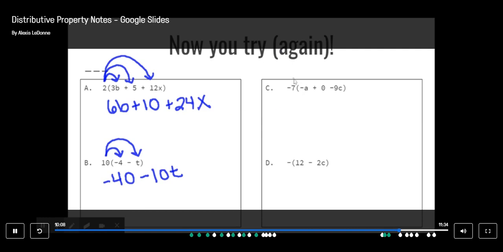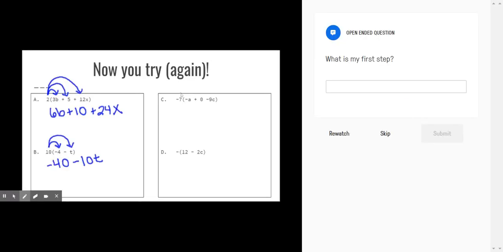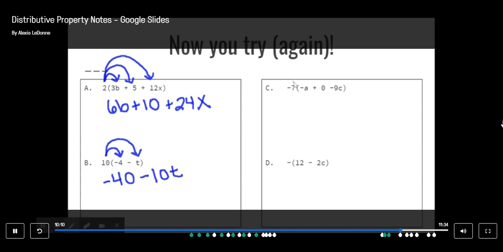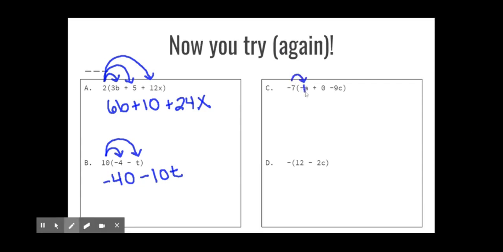Letter C, what would my first step be here? Good, multiply -7 times a -1a. This will give me a positive 7a. What would my second step be?